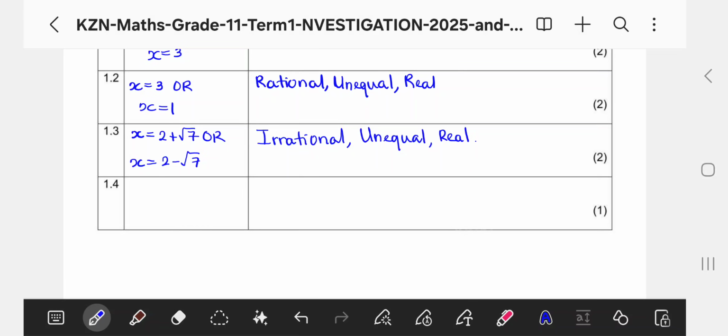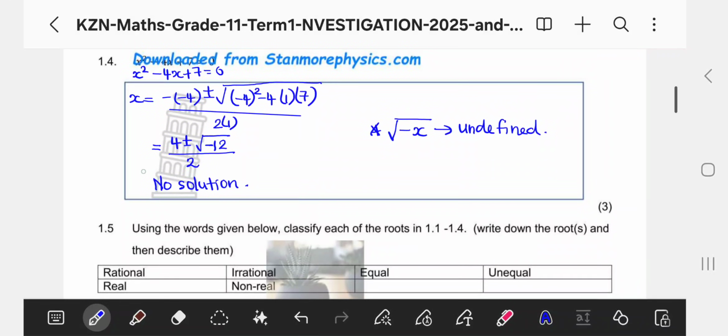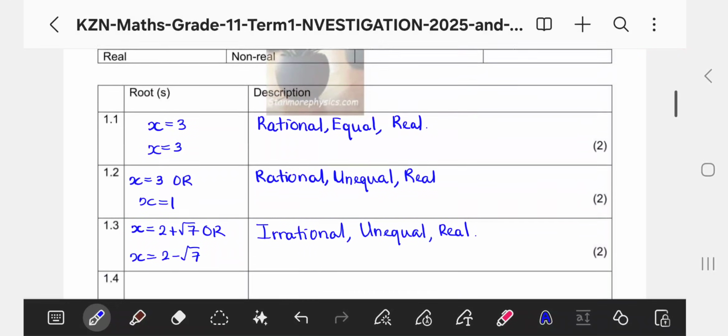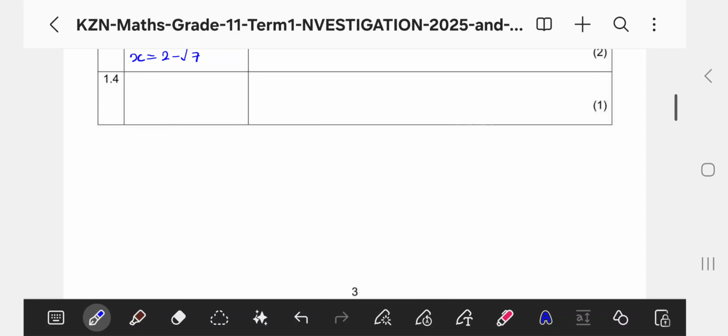And the last one, 1.4. We were not able to get any roots, but they ask you for the roots, okay? So since we don't have any values, you can actually write down the previous step where you had 4 plus or minus the square root of negative 12 all over 2.